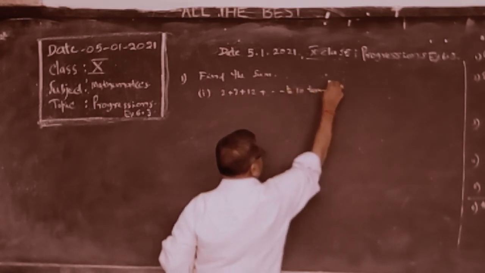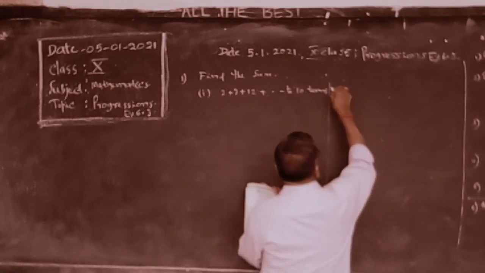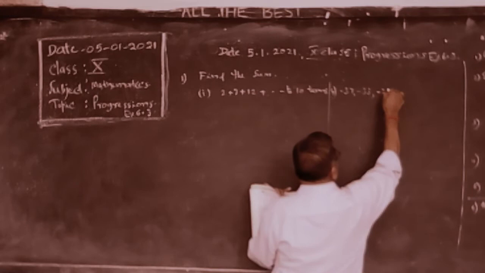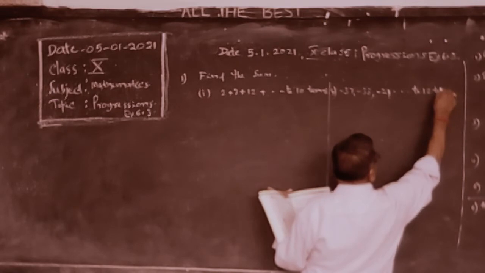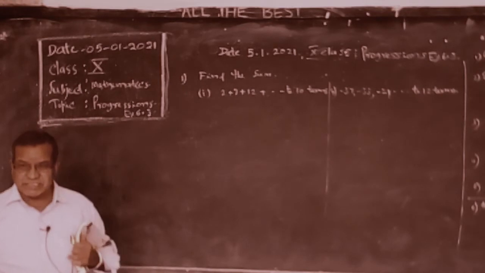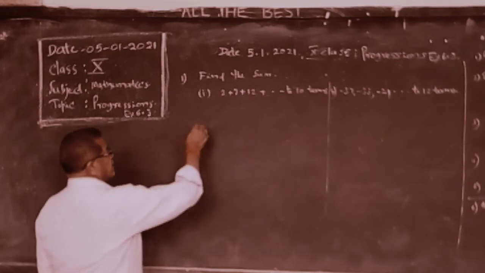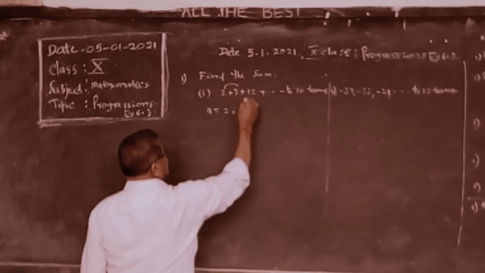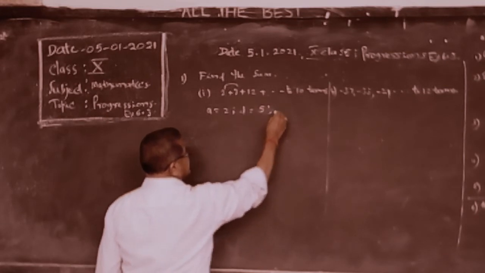Second, minus 37, minus 33, minus 28, up to 12 terms. So two problems are given. A series is given and we have to find the sum. Here a equals 2, d equals 7 minus 2, which is 5, and n is equal to 10.